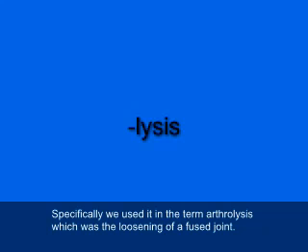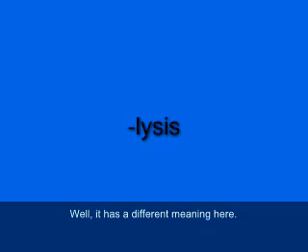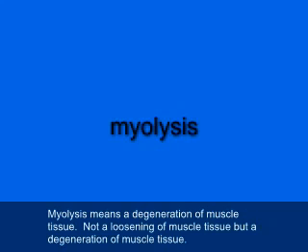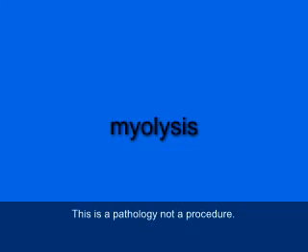Specifically, we used it in the term arthrolysis, which was the loosening of a fused joint. Well, it has a different meaning here. Lysis can also mean degeneration or breakdown. So myolysis means a degeneration of muscle tissue. Not a loosening of muscle tissue, but a degeneration of muscle tissue. This is a pathology, not a procedure.